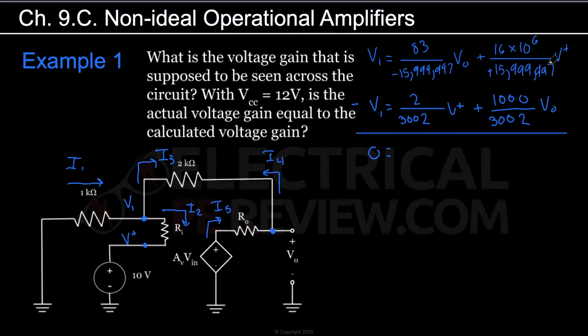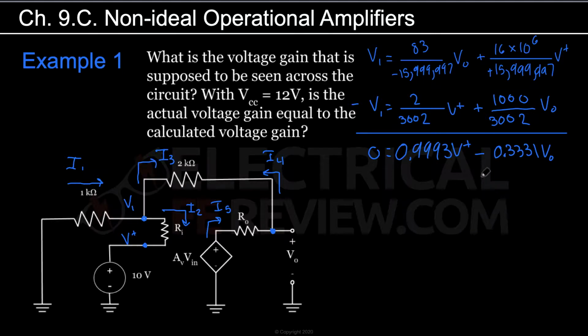And when we subtract our V plus terms, we are going to get 0.9993 V plus. And when we subtract our V out terms, we are going to get minus 0.3331 V out.